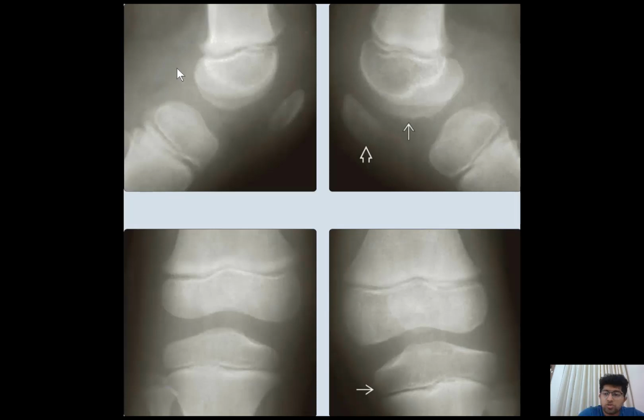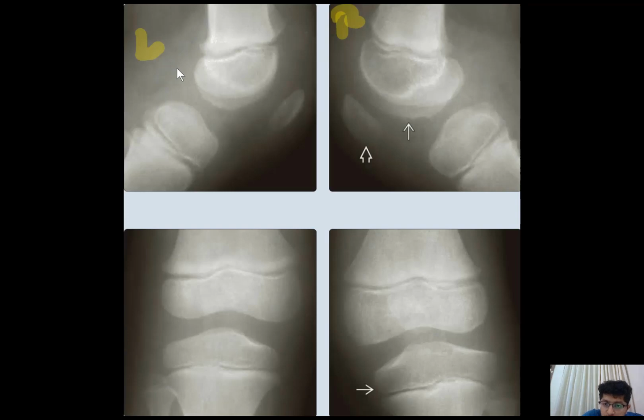These images show AP and lateral views of the left and right limbs of the same patient. Both limbs look almost normal, but if you look very carefully, we can see enlargement of the epiphysis. The femoral epiphysis has become bigger compared to the contralateral side.